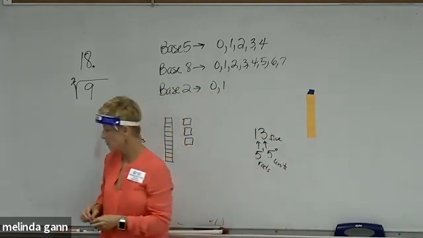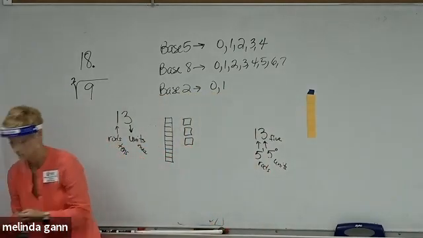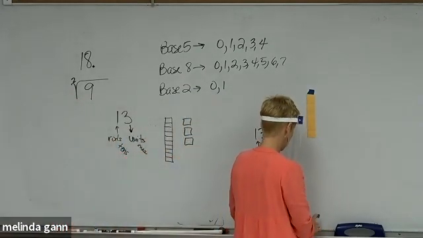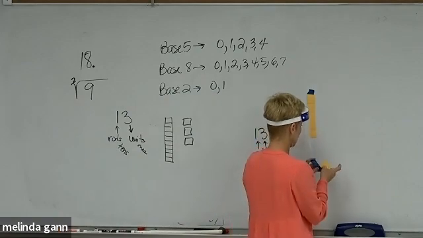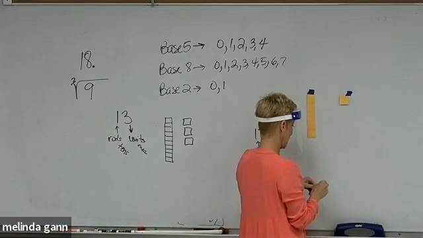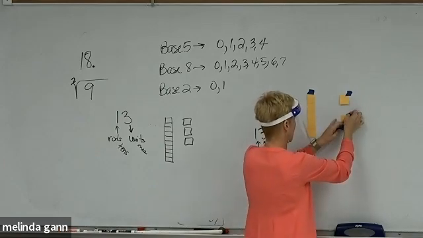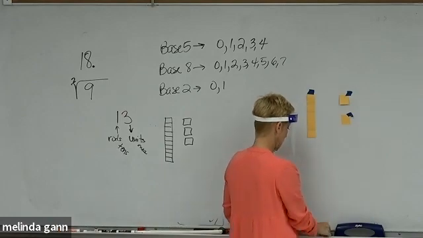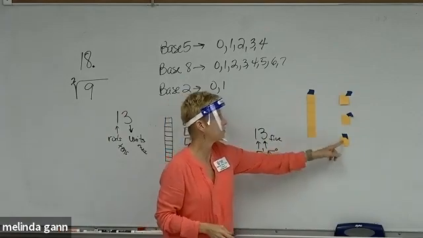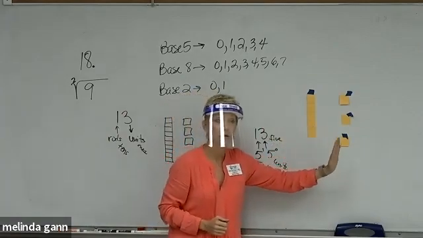All right, so there's 1 rod. That's 1, 3 in base 5. 1 rod and what? 3 units.